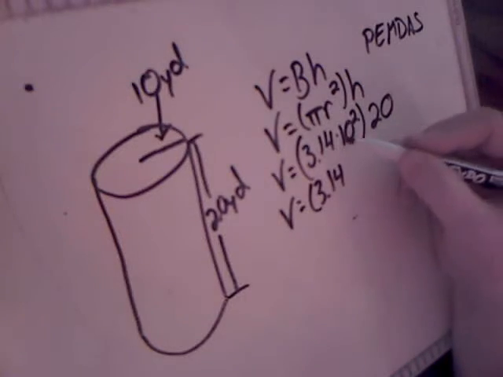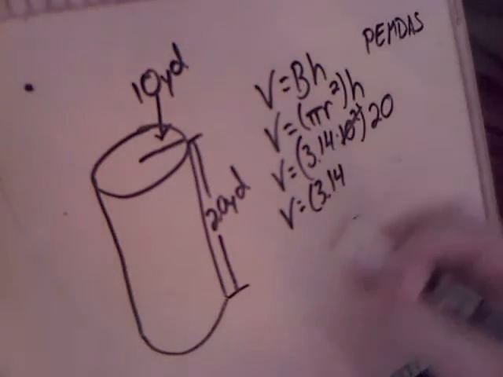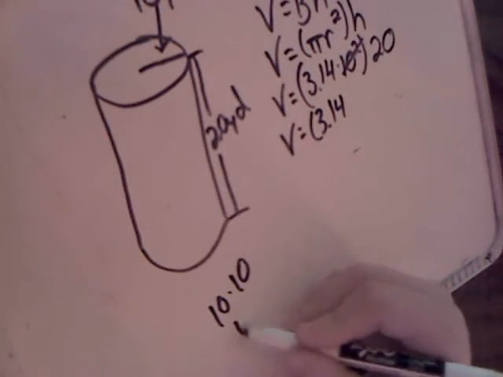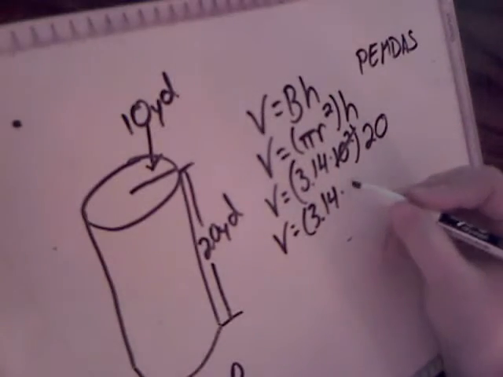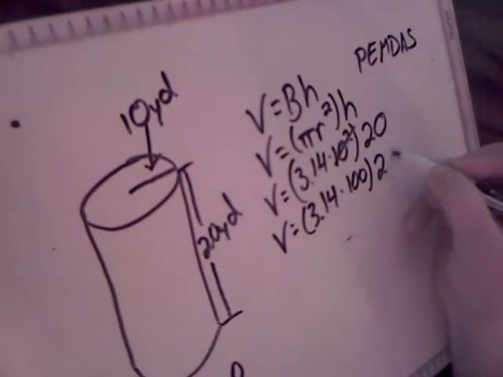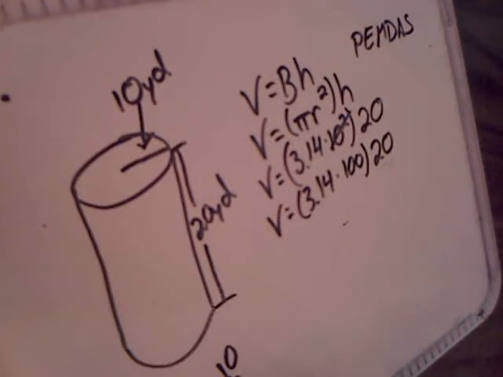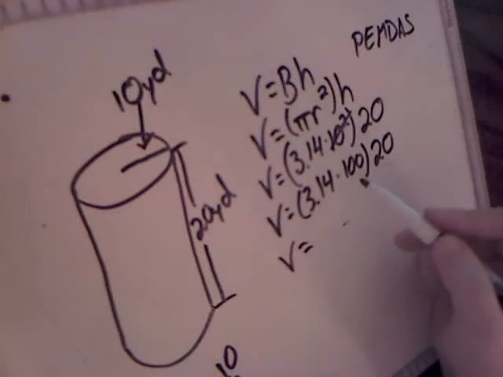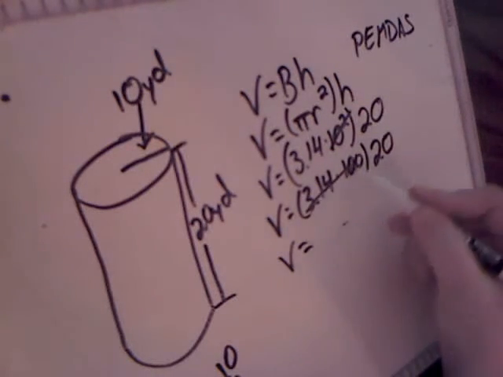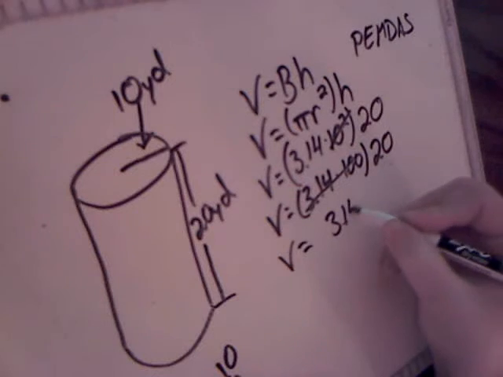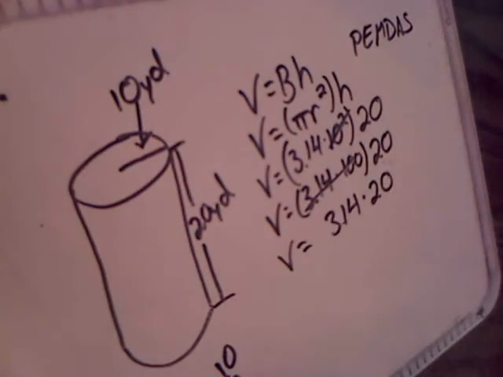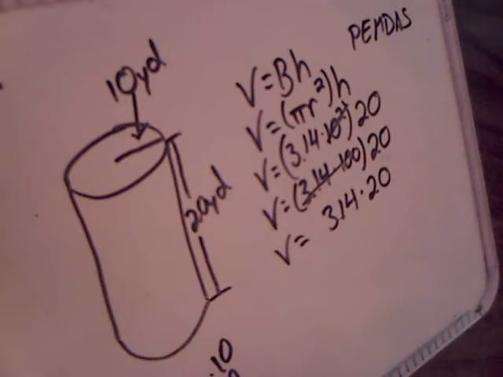So we know that 10 to the second power actually means 10 times 10. 10 times 10 is 100, so I'm going to put 100 in here. Now I need to finish off the inside of those parentheses. 3.14 times 100, we know this is 314. Then we're going to multiply that times 20 for the height.